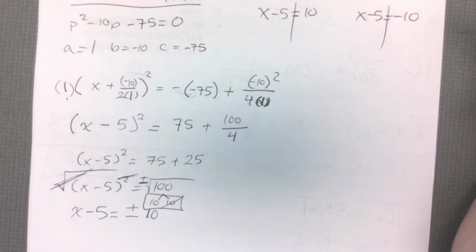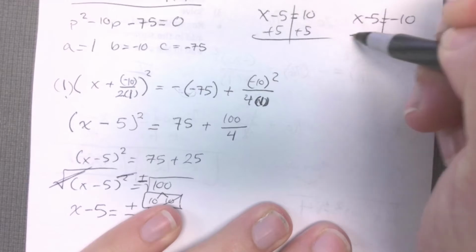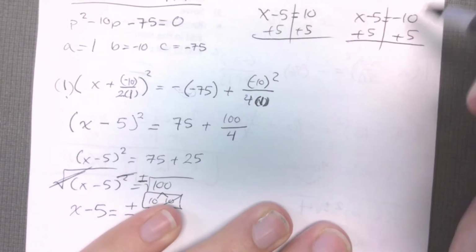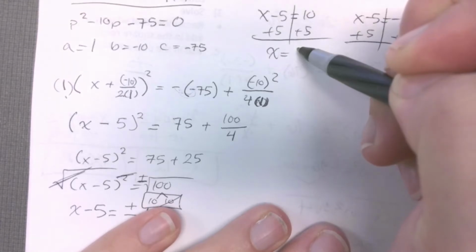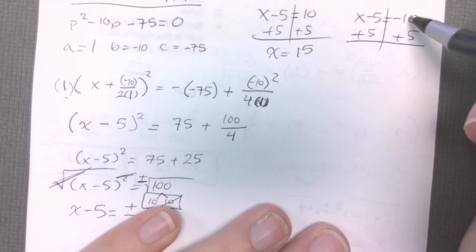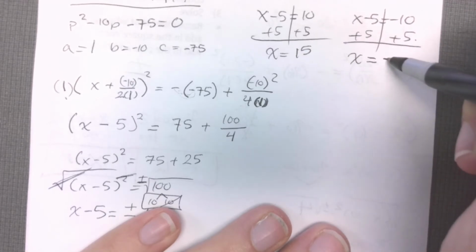How do I get x by itself? Add 5. What's 10 plus 5? What's negative 10 plus 5?